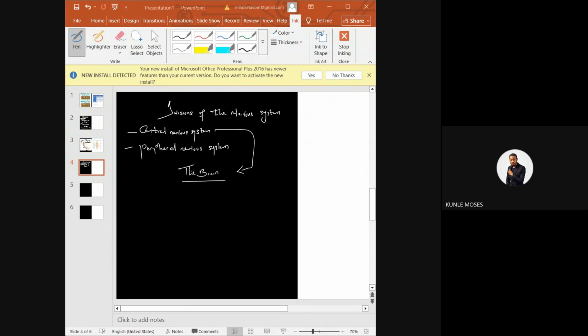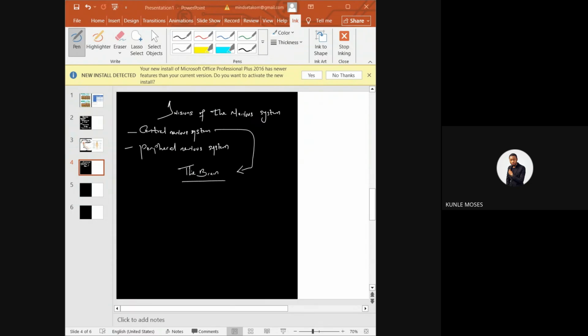The second part of the PNS, the spinal nerves. The spinal nerves are nerves that arise from the spinal cord. Humans have 31 pairs of spinal nerves.